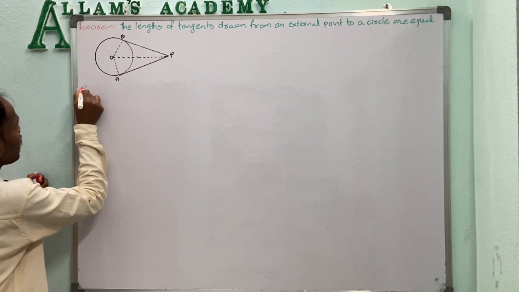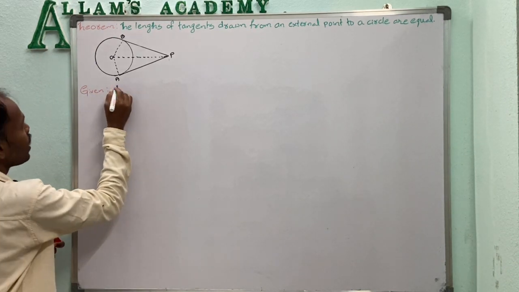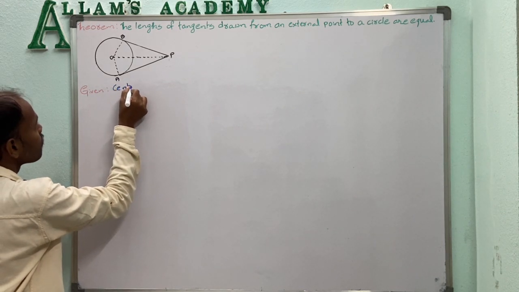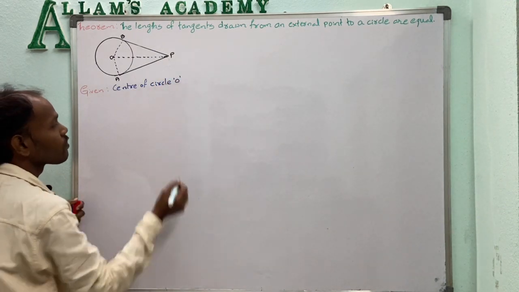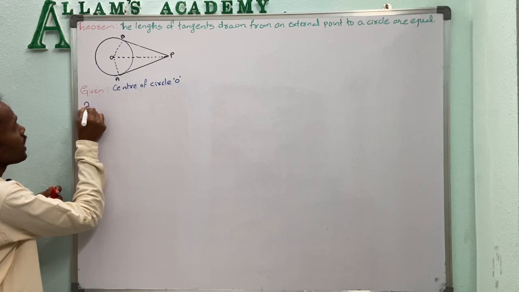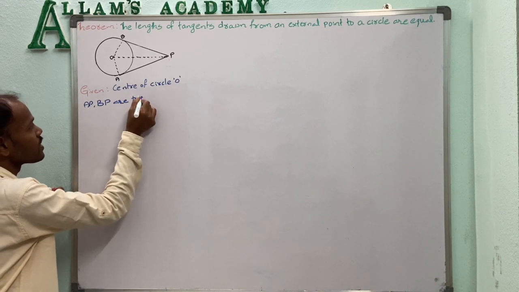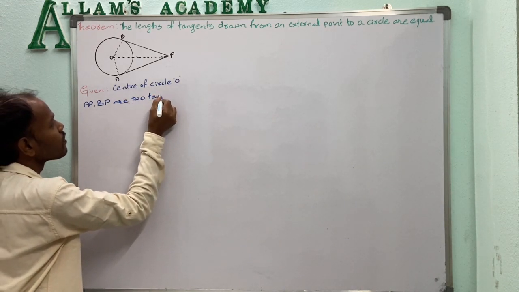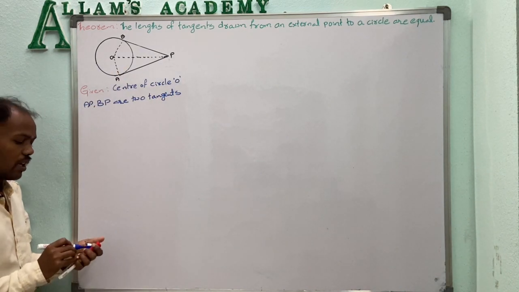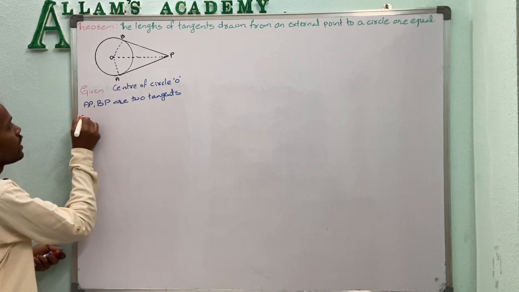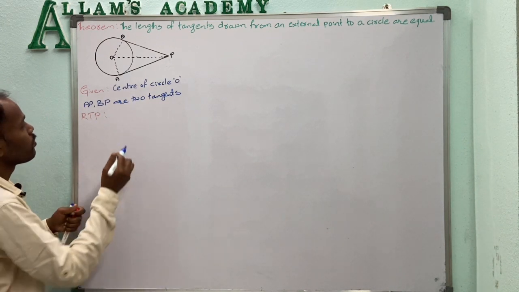First, writing the given: the center of the circle is O, and AP and BP are two tangents drawn from point P. Now we have to show, RTP: PA equal to PB.